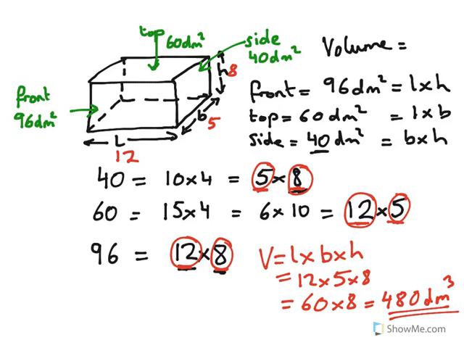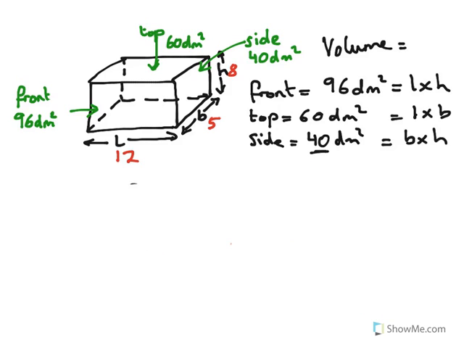But let's try and do the same thing here with algebra instead. So how would we solve it with algebra then? Well, what do we know? We do know that 96 decimeters squared is the same as L times H. So we could actually rewrite H here, and we could say that H is the same as 96 divided by L. That's a really bad L, it looks more like a 6.